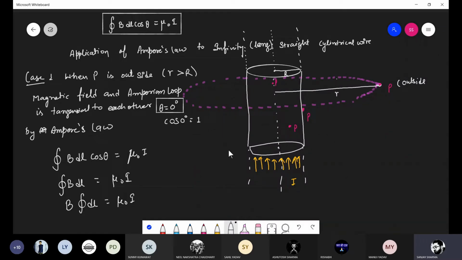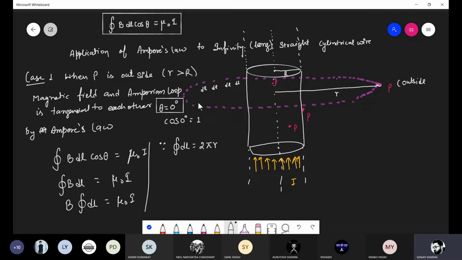So what is the meaning of integration of dl? That is the sum of all length elements of the Amperian loop. So we know that integration of dl is equal to 2 pi r, that is the length of the complete loop. इसको इस तरीके से समझ सकते हैं. This is dl, this is dl, this is dl, this is dl.